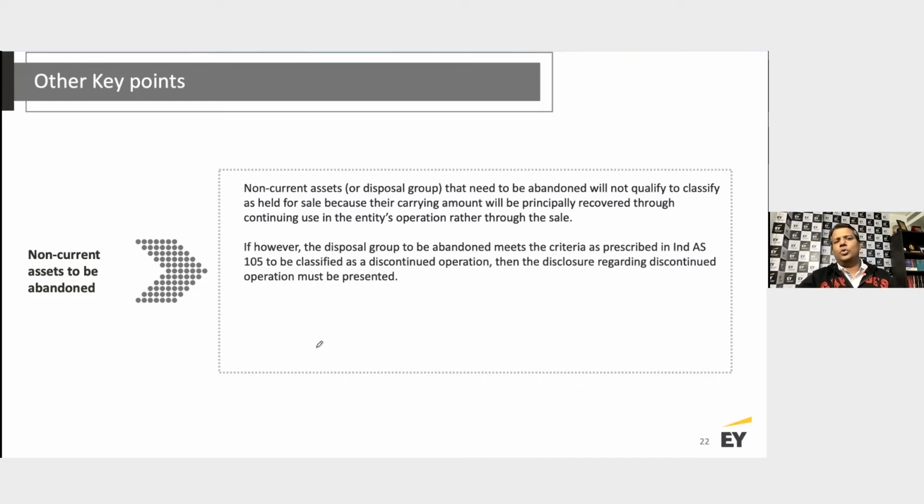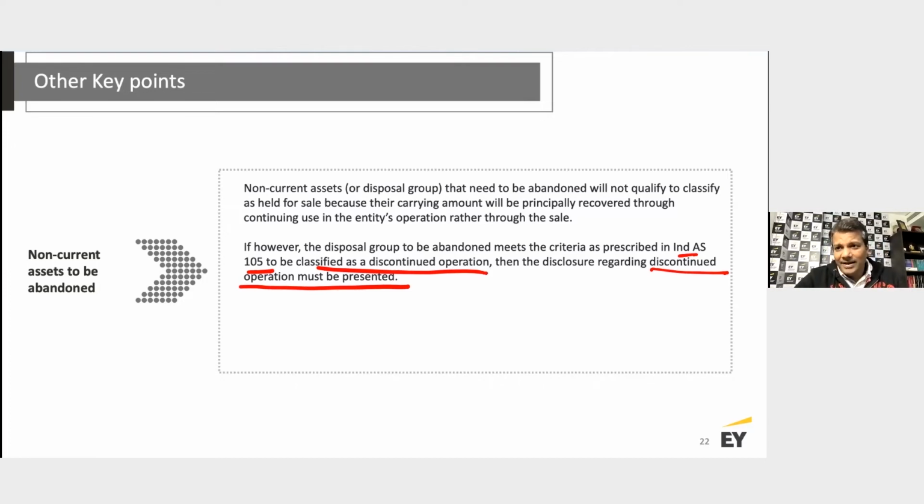However, if the disposal group to be abandoned meets the criteria prescribed in Ind AS 105 to be classified as a discontinued operation, it's possible that an abandoned group may classify as a discontinued operation. Then you need to look at the presentation for discontinued operations. When will it be met?